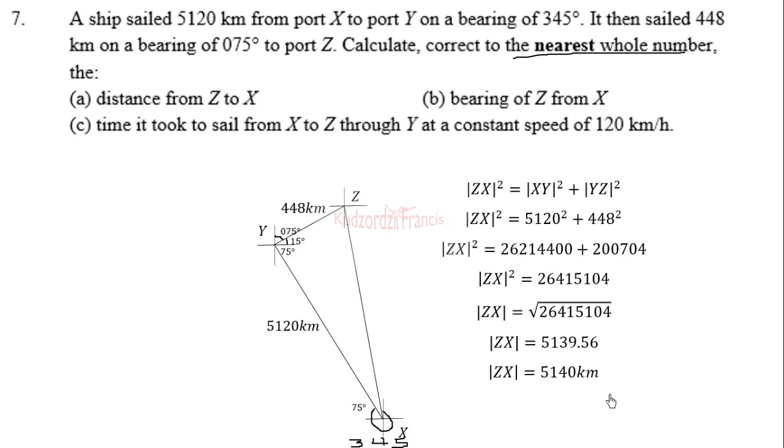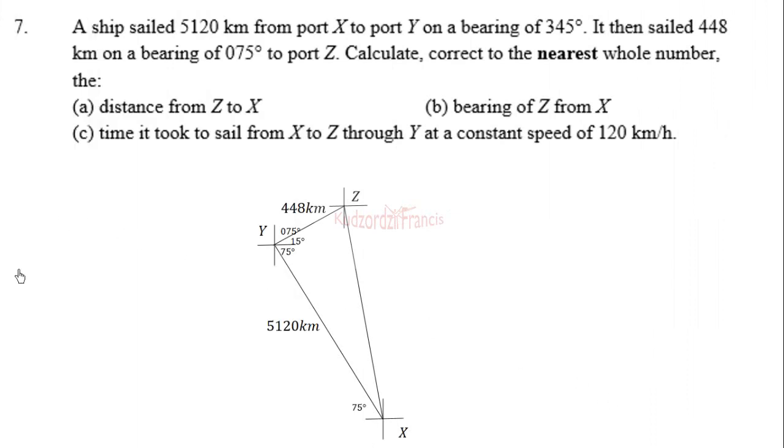Bearing of Z from X. So bearing of Z from X, we need to calculate this angle here so that we can measure from X until we meet the ZX line. We know the opposite to this angle is 448, and we know the adjacent to this angle is 5120 kilometers.